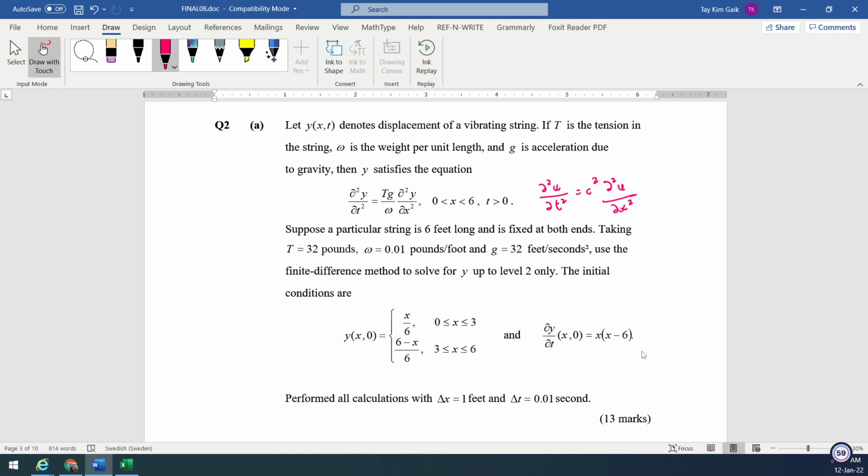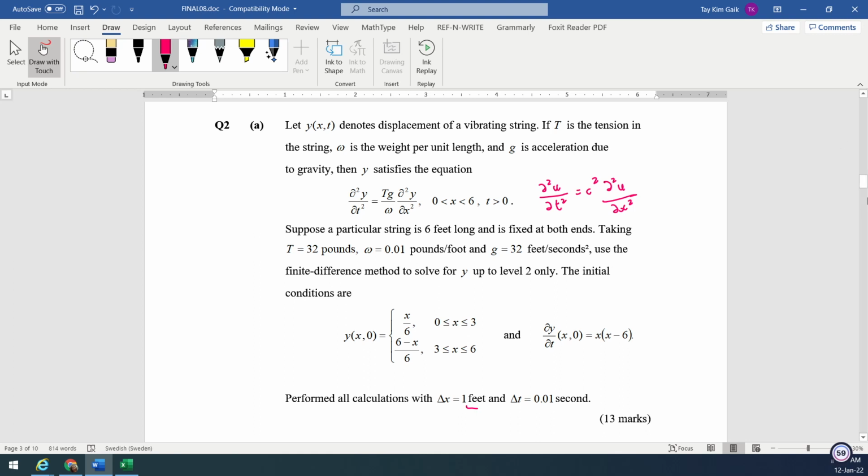They are not using the SI unit, with 1 foot, so you just substitute: c squared is T, 32 pounds, times g, 32 feet per second squared, divided by omega, 0.01. So this is a wave equation, and the ∂y/∂t is not 0.